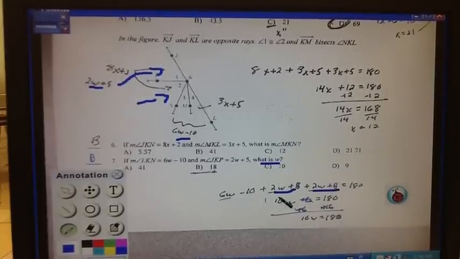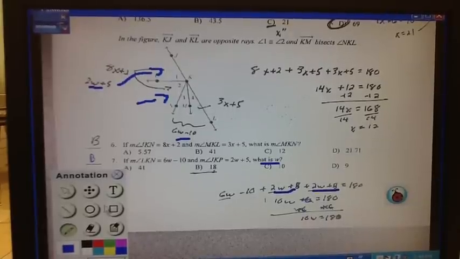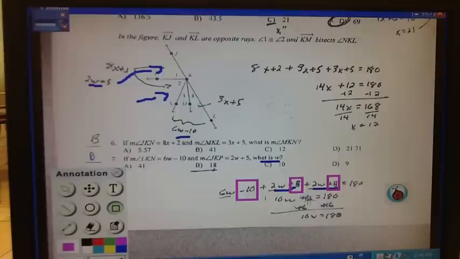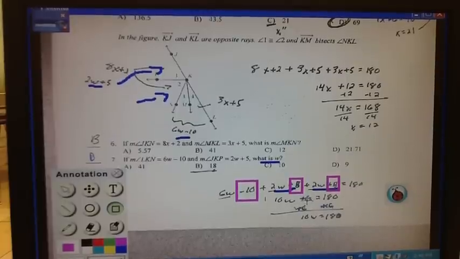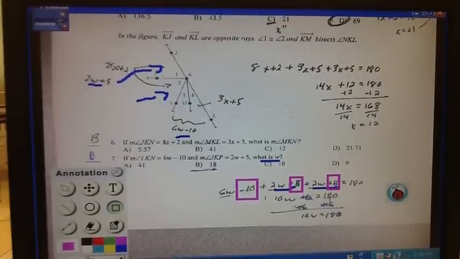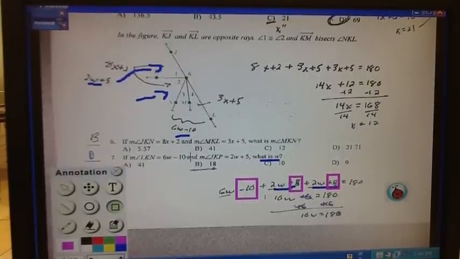Now if I added 6W, 2W, and 2W, that's 10W. If you add together, let's do a different color here, we'll get creative, we got negative 10, plus 5, and plus 5. We're adding like terms. Those end up canceling. So I even kind of, after I messed up, went through and canceled those. So I got 10W equals 180. Divide by 10 on both sides. We end up finding W was 18.